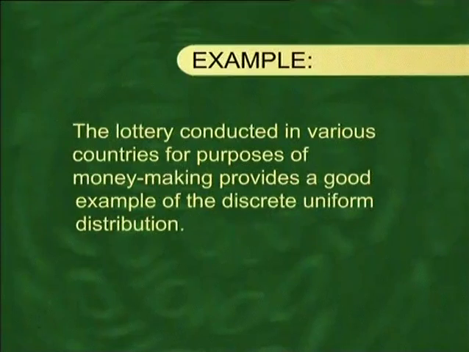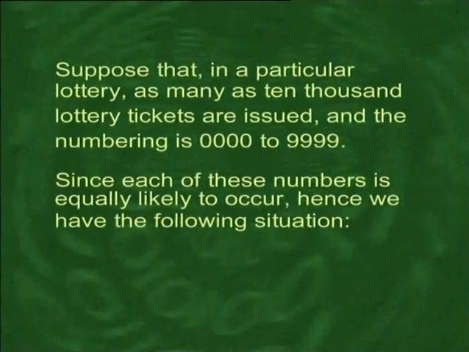The lottery conducted in various countries for purposes of money making provides a good example of the discrete uniform distribution. Suppose that in a particular lottery as many as 10,000 lottery tickets are issued, and the numbering of these tickets is from 0000 to 9999.